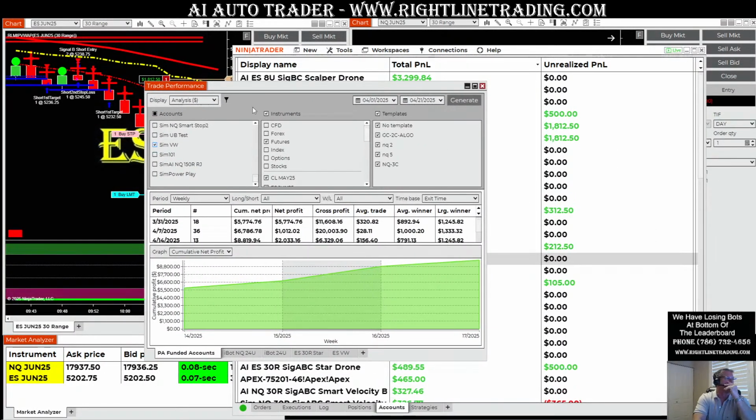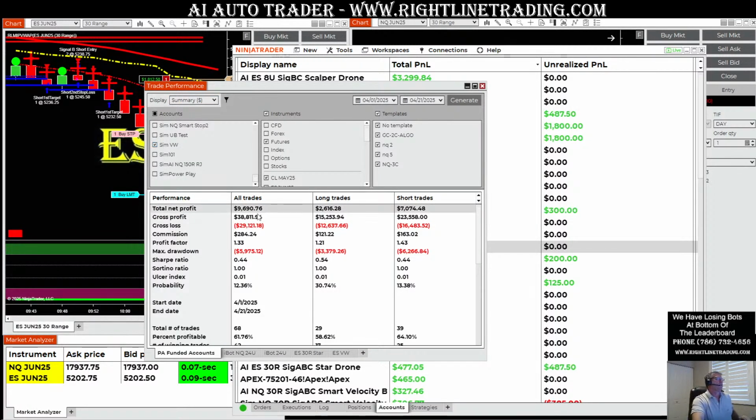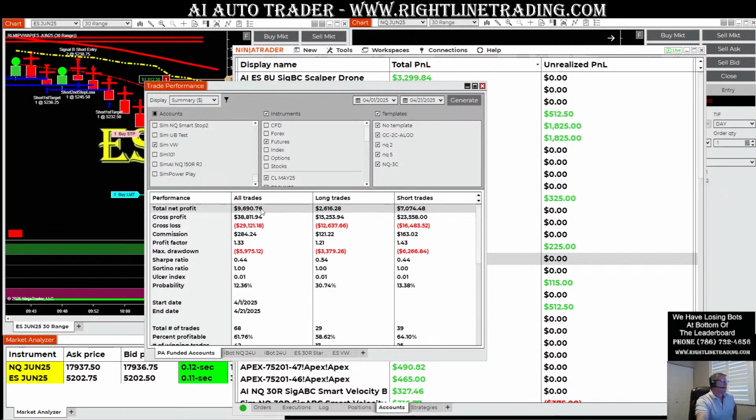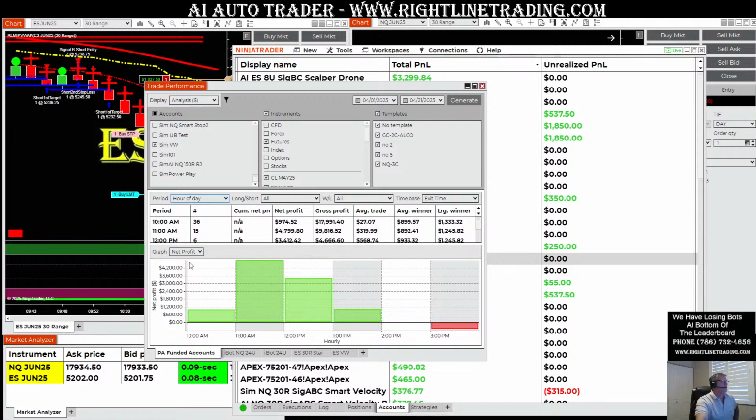if we look at the month of April on a summary, we're up $10,000. $10,000 in April on this SimVWAP. I always like to know when it does it. I'll go to my analysis and change it to half hour or hour of the day.